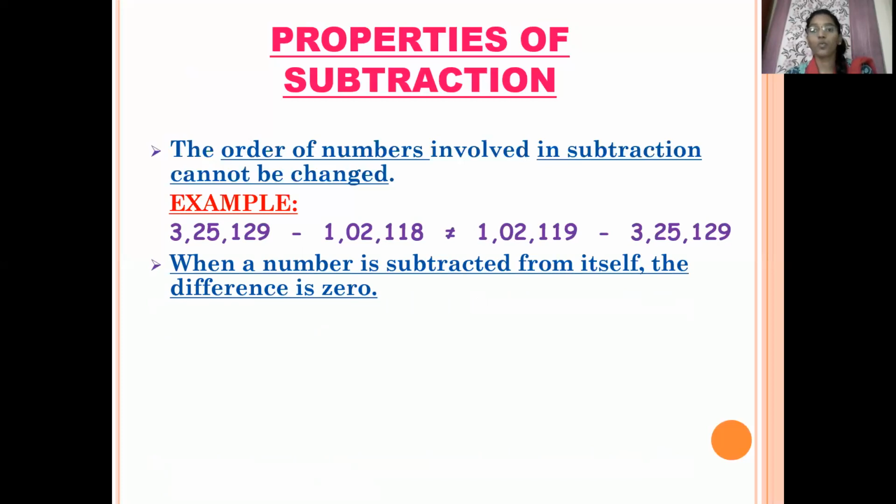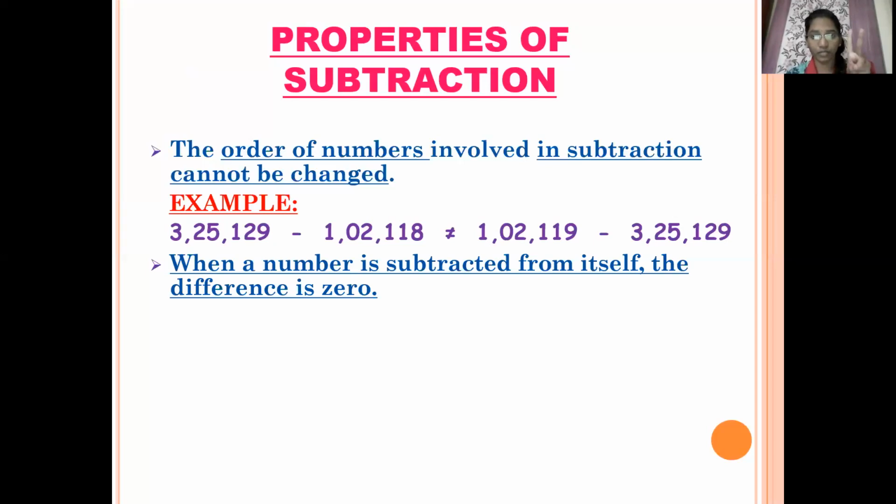Second one, when a number is subtracted from itself. I'll take a single digit number, that is 4. I would like to subtract 4 from 4 itself. So 4 minus 4. What is the result you obtain? That is 0. So when a number is subtracted from itself, the difference is 0.